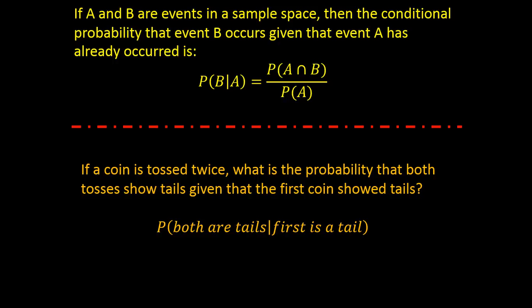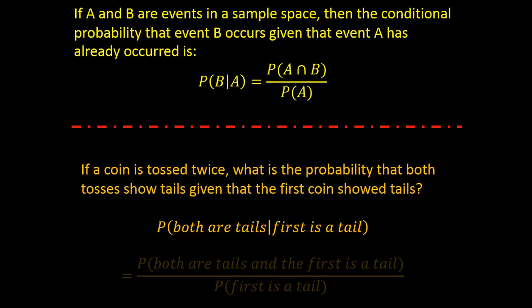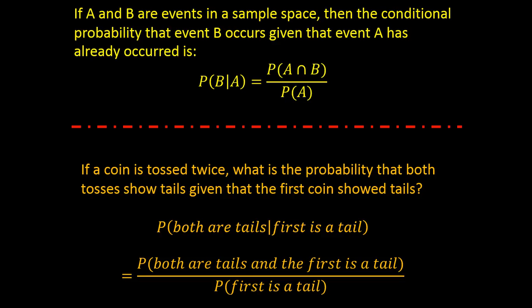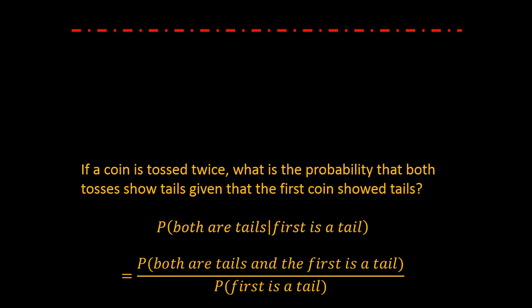What we're looking for is the probability that both coins showed tails, given that the first one showed a tail. According to this formula, that is the probability that both coins show tails, and that's the intersection, and the first is a tail, divided by the probability that the first coin showed a tail.